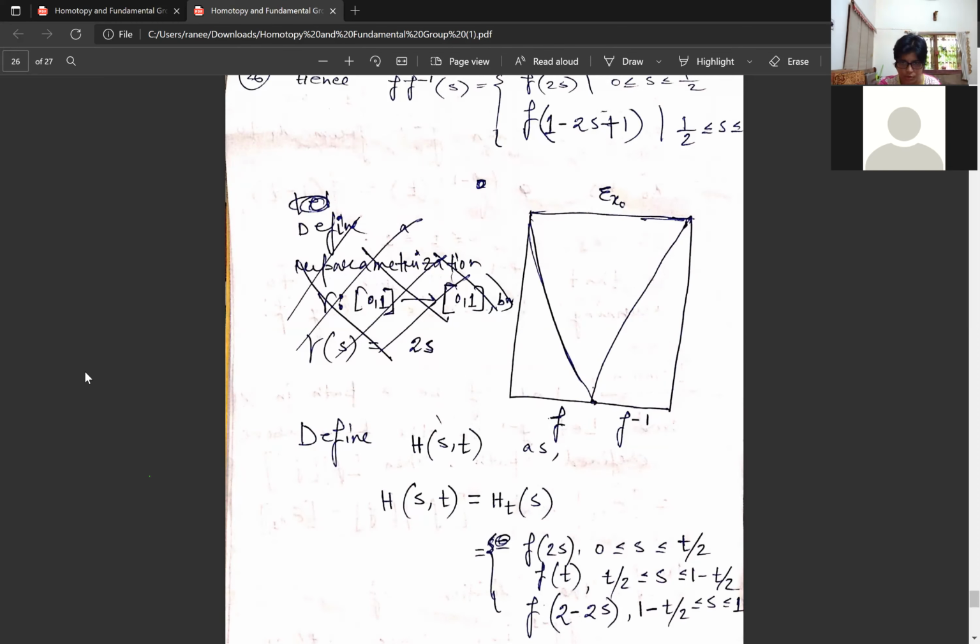This is the f inverse, right? First half f, and then the second half f inverse. And this is my epsilon x naught, which is just sitting here.